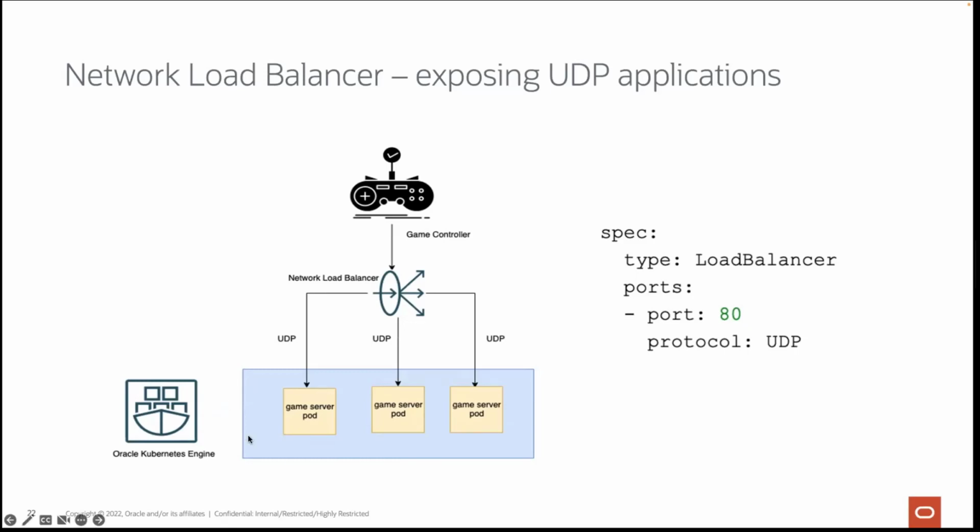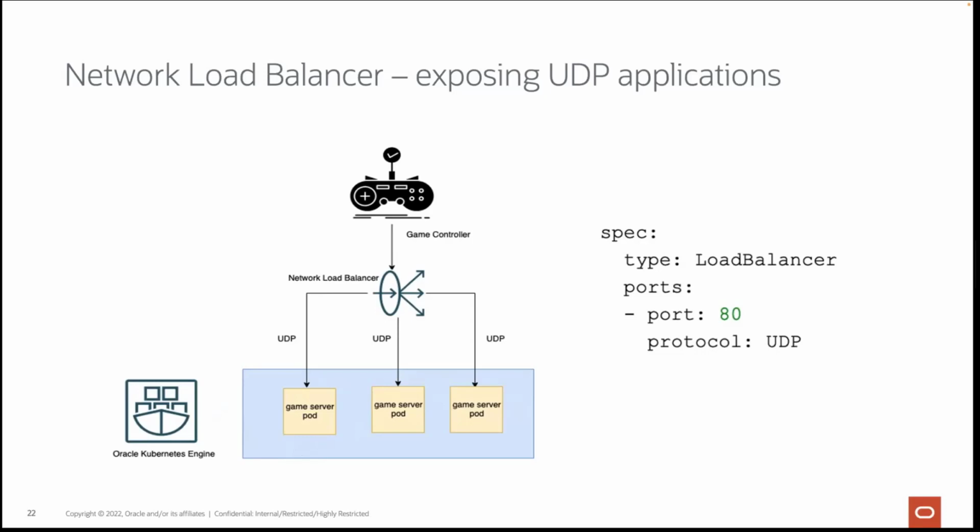You could have a UDP-based game server deployed in your OKE, and then expose that service, like I was sharing in the previous example, with a network load balancer. A game server could also include UDP-based health probes used as a liveness probe. You could configure that as well.